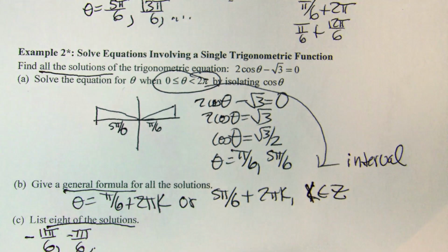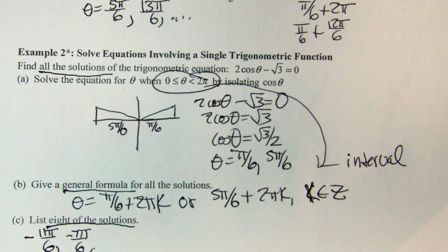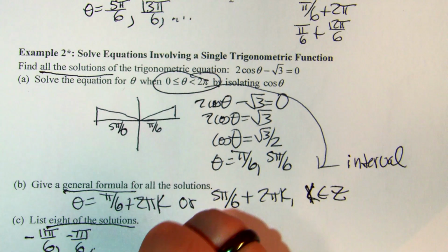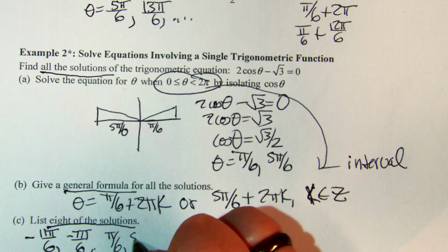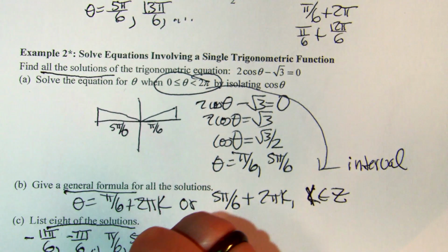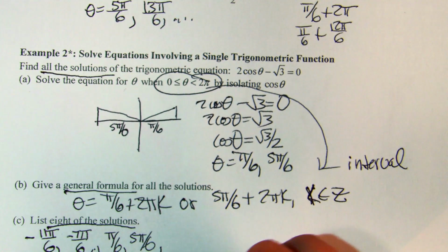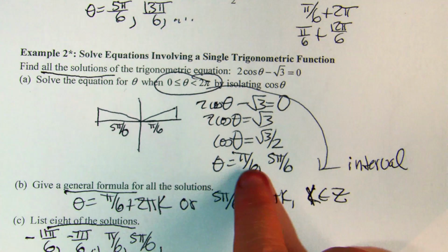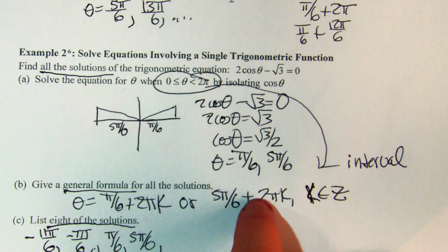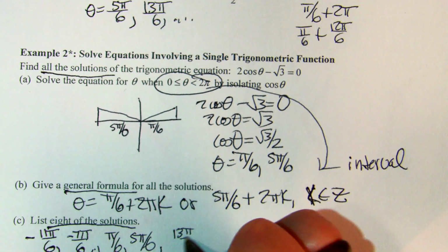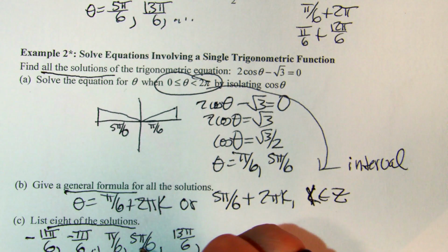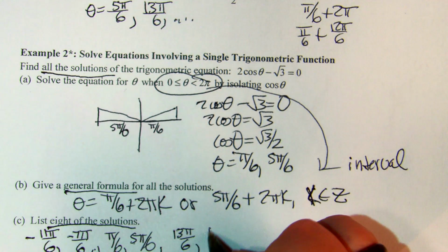That's when k is -1. Then we had our two answers when k was 0, pi over 6 and 5 pi over 6. When k is 1, you add 12 pi over 6 to 1 pi over 6 and you get 13 pi over 6.